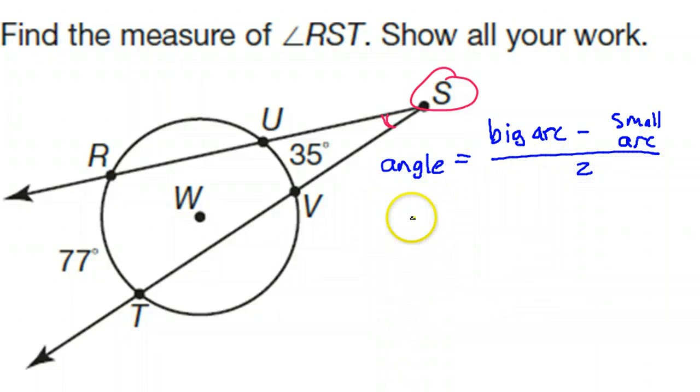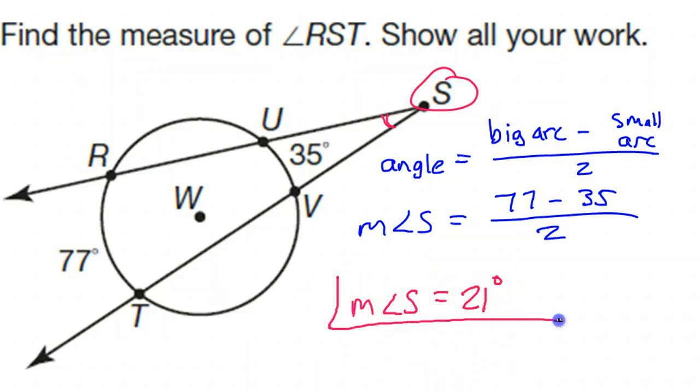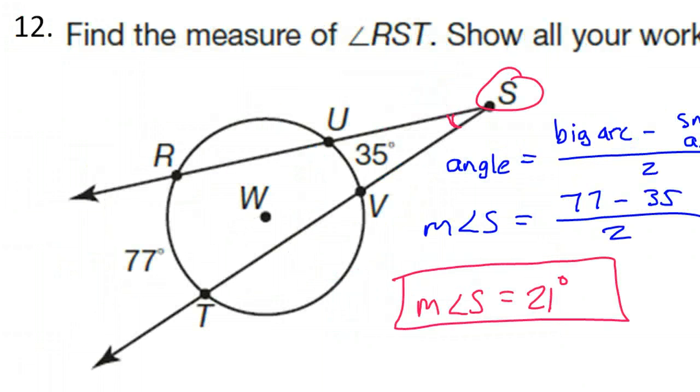So the measure of angle S will equal the big arc, which is 77, minus the small arc divided by 2. So the measure of angle S is 21 degrees. So that's the answer to number 12.